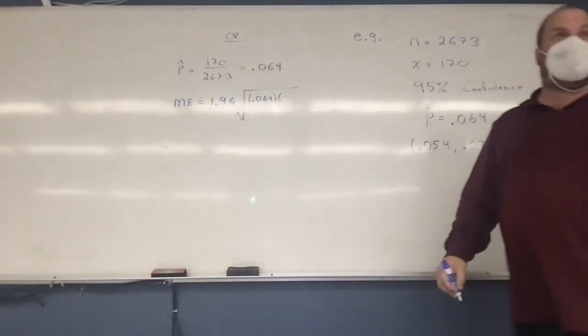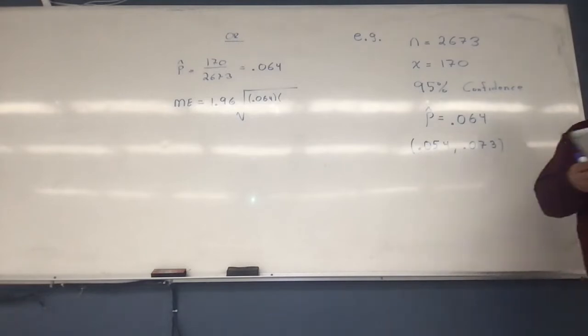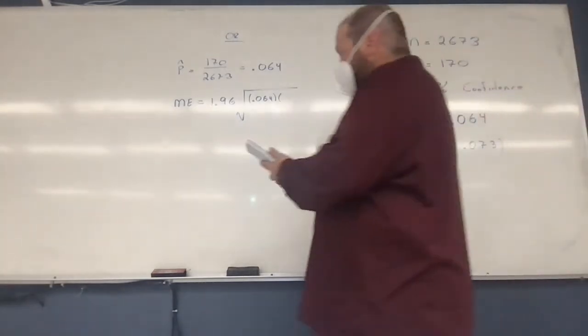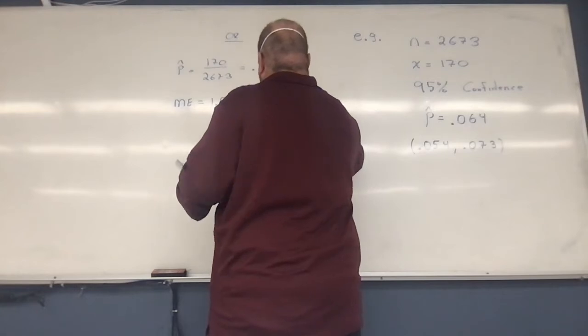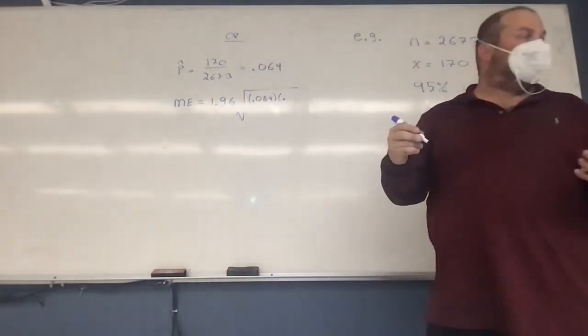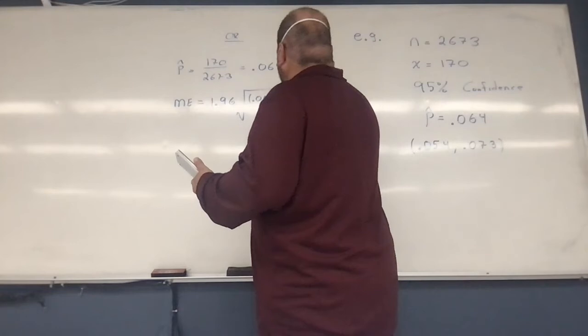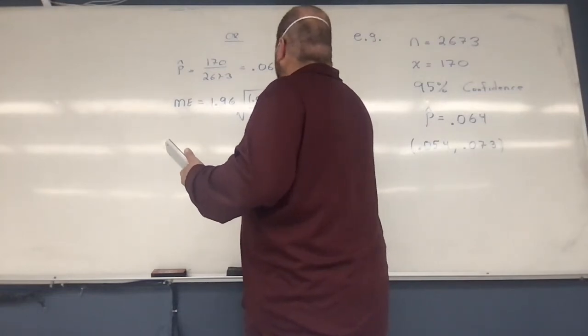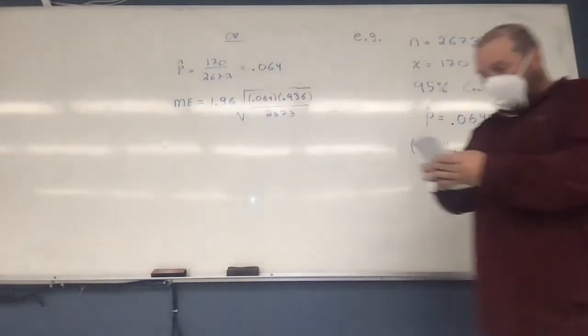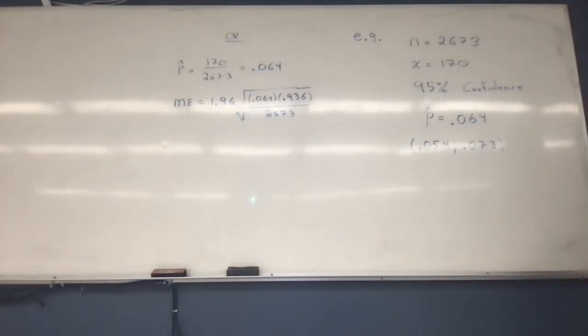Times 1 minus 0.064, which is 0.936, over 2673. So that times that divided by that, square root, multiplied by 1.96.